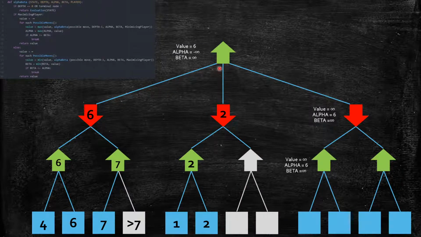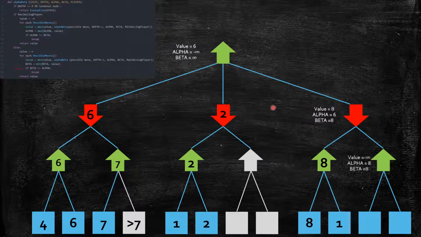So we pass 2 up, and now we go down this end of the tree as well. We choose 8 and 1. Those values are going to get passed up, and beta is going to get set to 8. And is alpha less than beta? It is not. So we pass this back down. We get a 9 here. We change our values around.